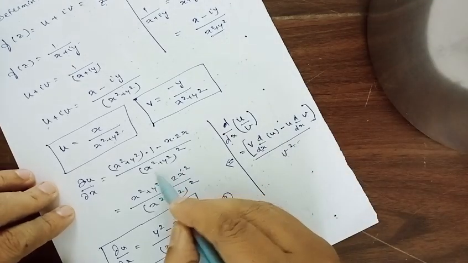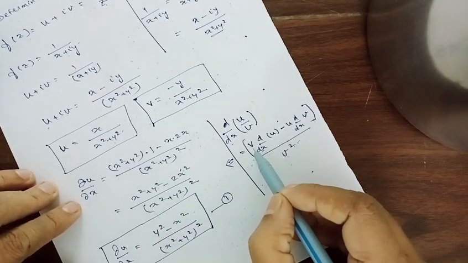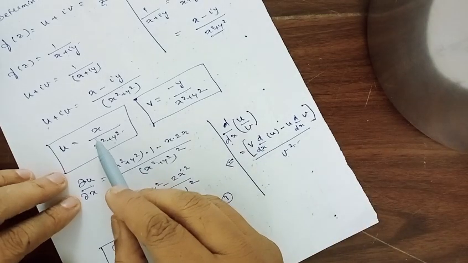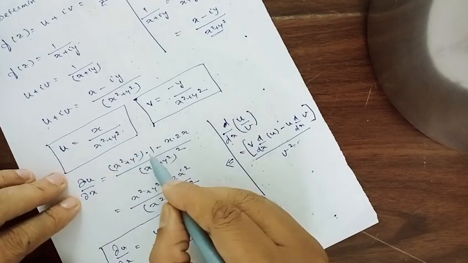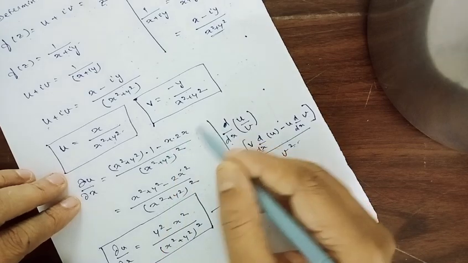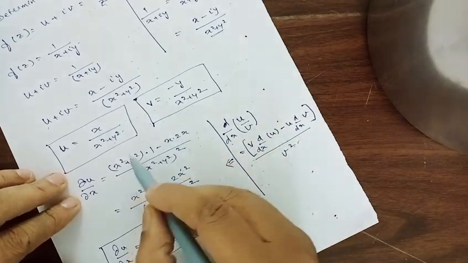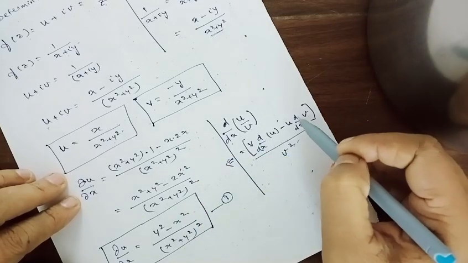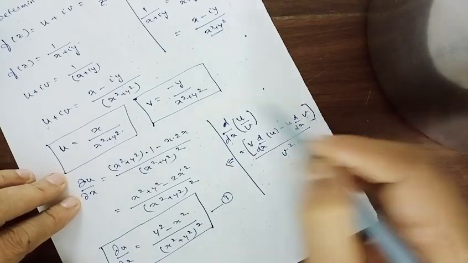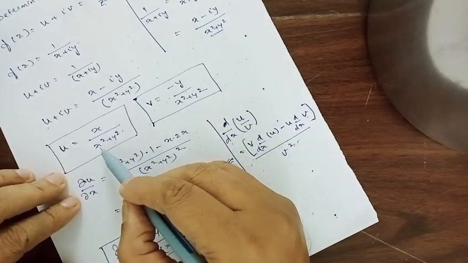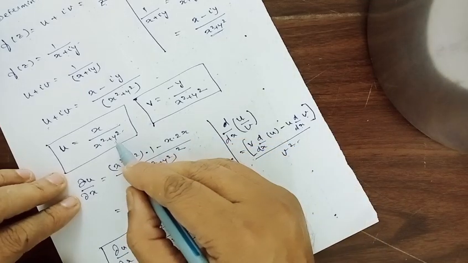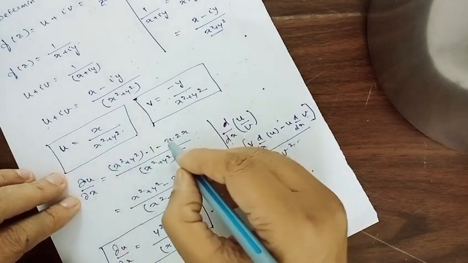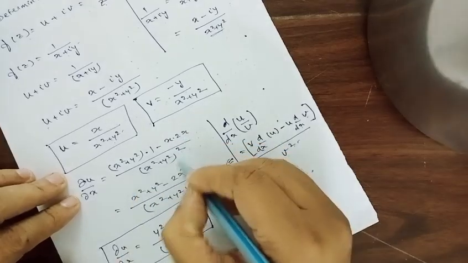Then what will be the value? x square plus y square into dou by dou x of u. x is differentiated, then it will become 1, minus x into d by dx of v. v is nothing but x square plus y square here. So when you differentiate this, it becomes 2x. Therefore x into 2x.